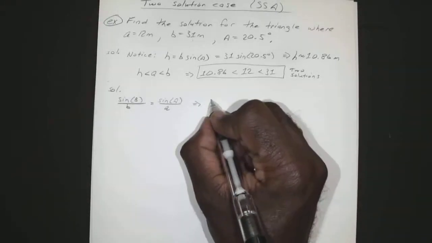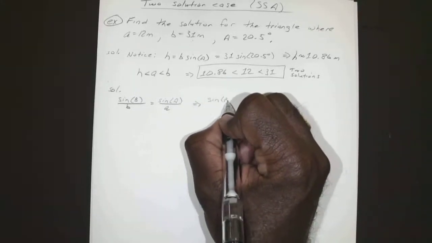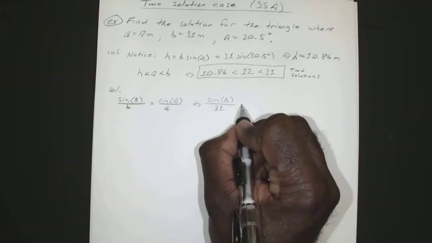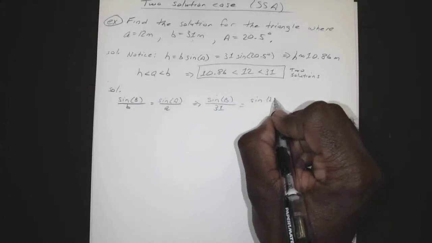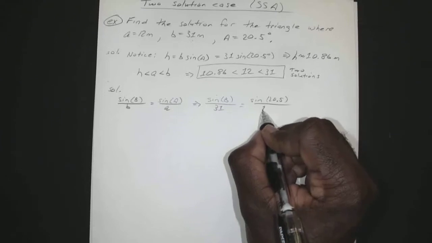So that means if we're solving for angle B, sine of B over 31 equals sine of A, which is 20.5, over side A, which is 12.